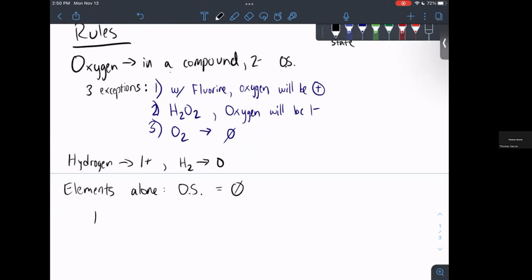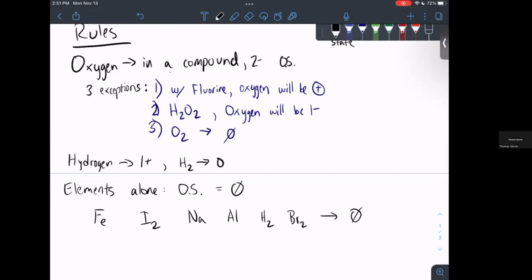So for example, iron, iodine, that goes for diatomics, sodium with no positive, just sodium metal, aluminum metal, any of these cases, hydrogen, bromine, they all have an oxidation state of 0. So when we're talking about elements alone, it's always going to be 0. So that's a good way to recognize them.